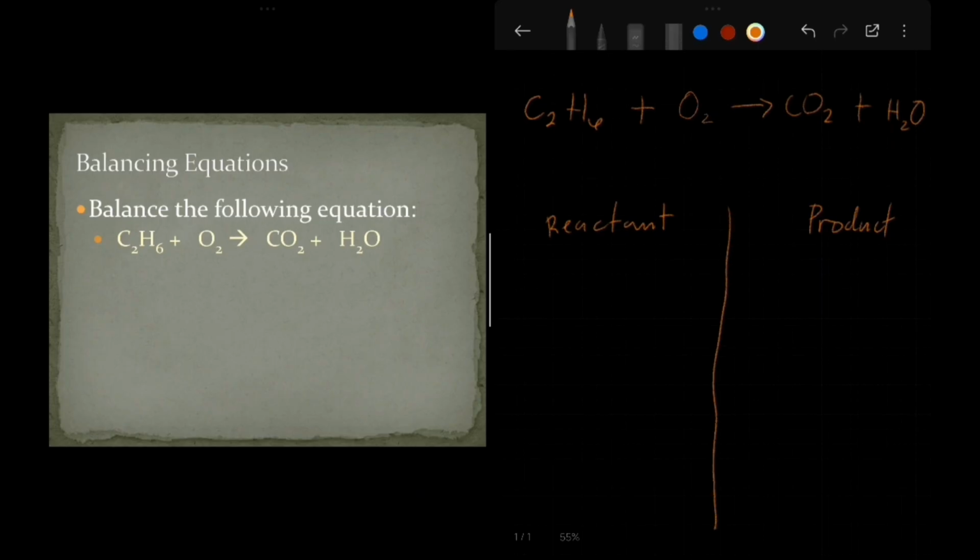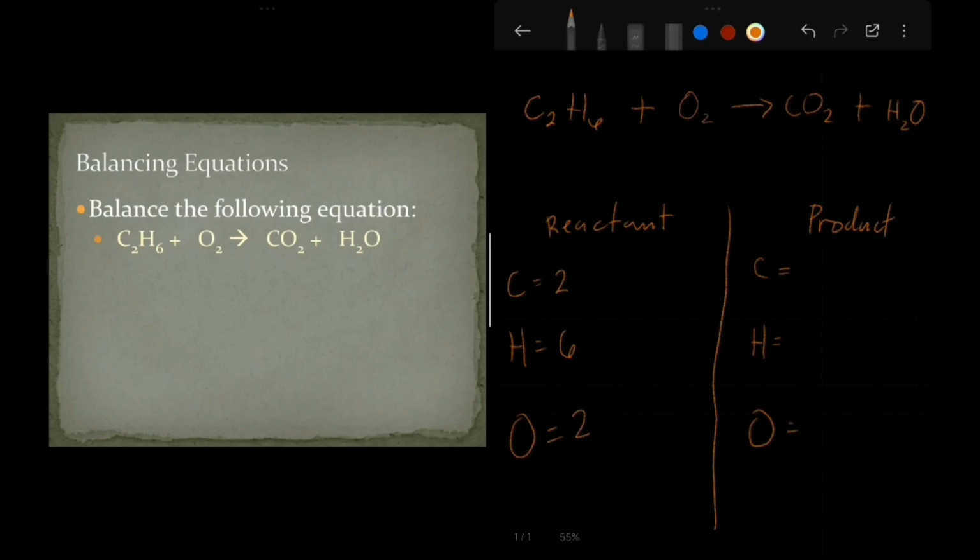List down all the chemical symbols. We have the carbon, hydrogen, oxygen. Also on this side, carbon, hydrogen, and oxygen. Okay, so how many atoms do we have here in carbon? We got 2, and then for hydrogen we got 6, and then oxygen we got 2.